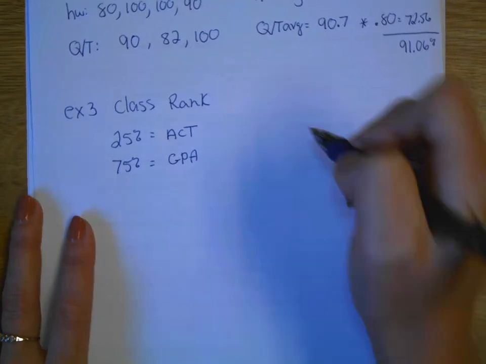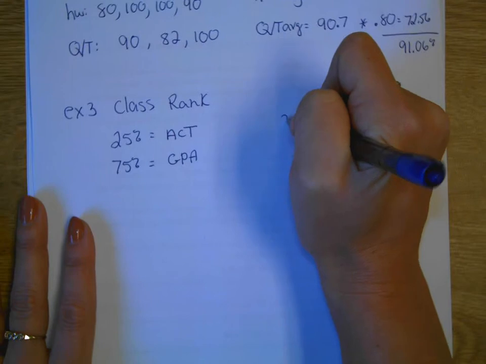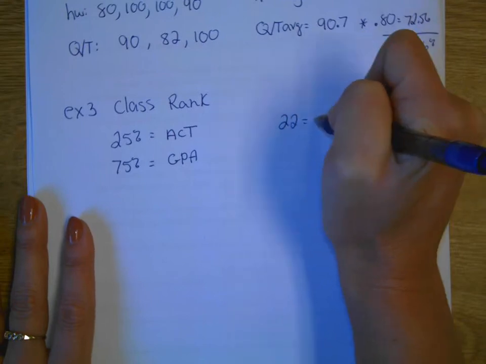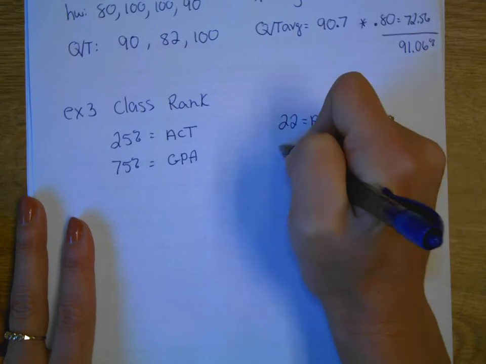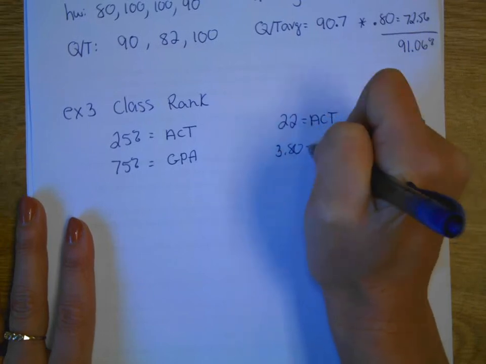Okay, what do you got for an ACT? I have 22. And your GPA? 3.80.